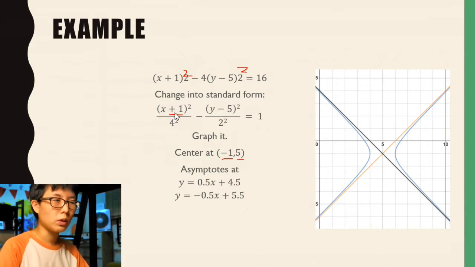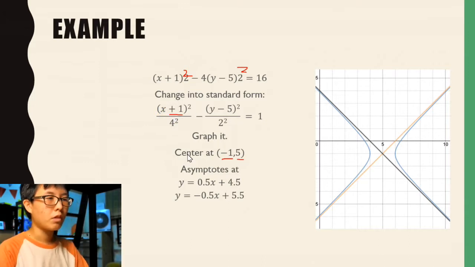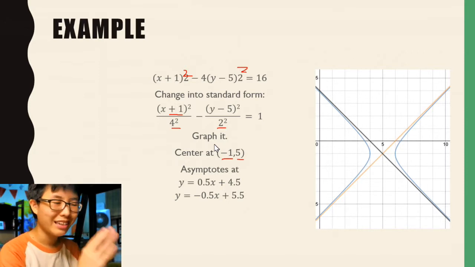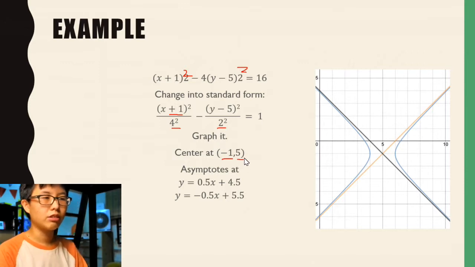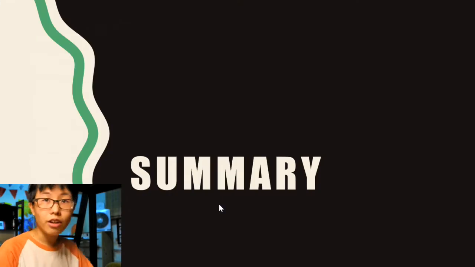It's got to be -1, and this is 5. And your asymptotes are at 2 over 4. So the gradient of the asymptote is plus minus 2 over 4, and then you can substitute the center and you will get your 2 asymptotes. And that's all for hyperbola.